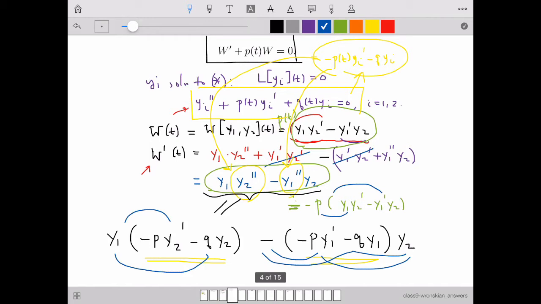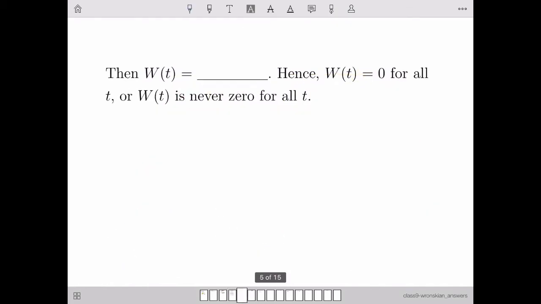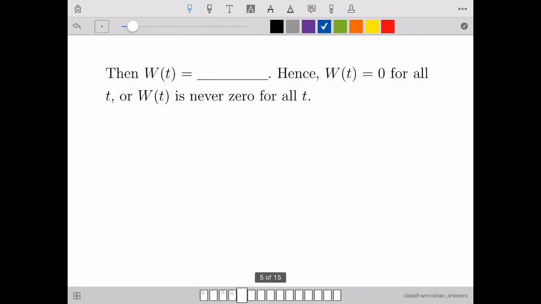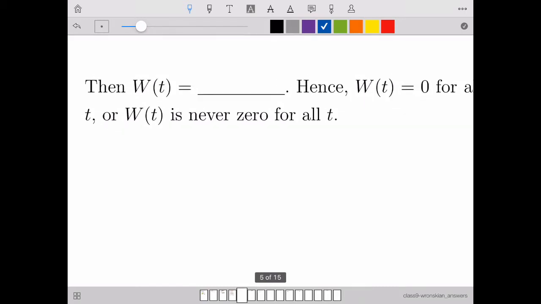So they are the same, so that is checked. So this is true. Hence, the Wronskian of t is 0 for all t or never 0 for all t.